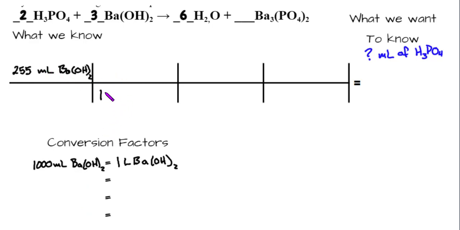In this case, I'm going to put 1,000 milliliters of barium hydroxide in the denominator, and I do that so that these cancel. But that leaves me in the units 1 liter of barium hydroxide.